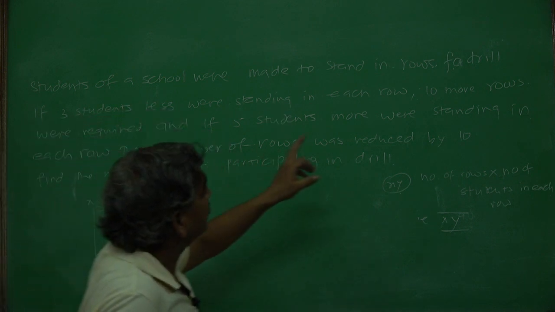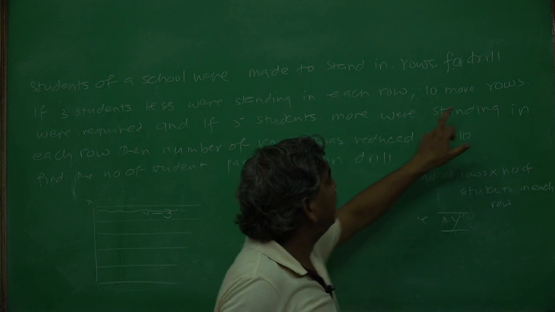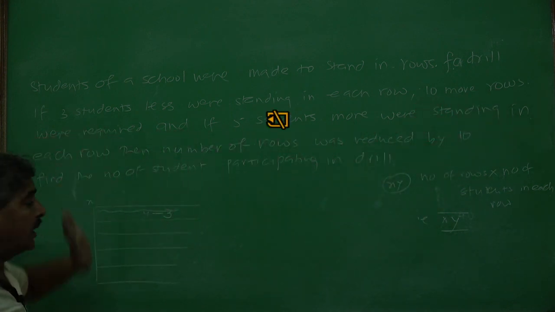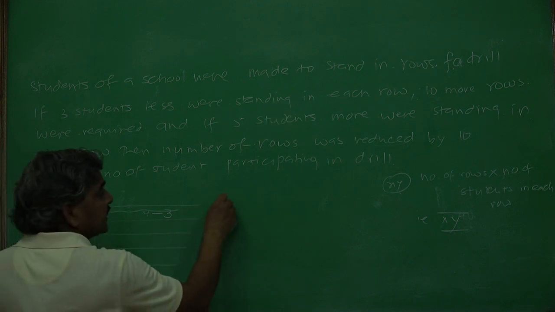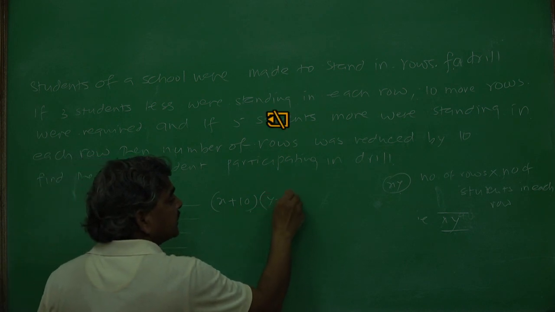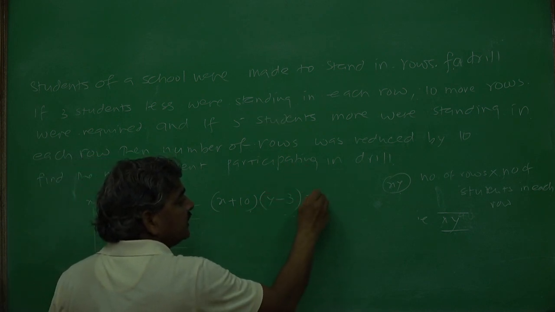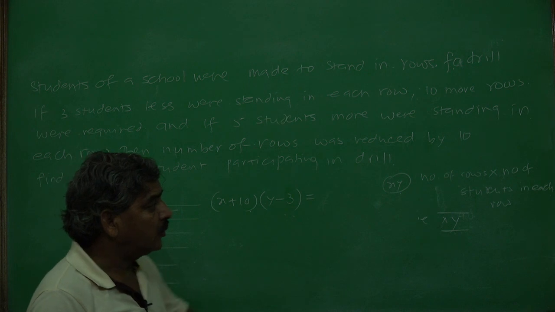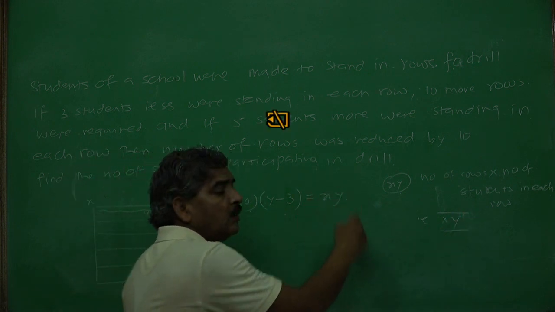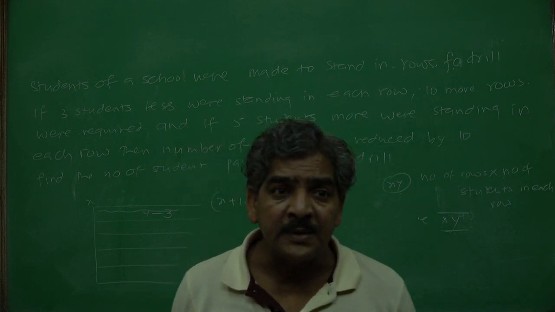The number of rows will increase by what? 10 more rows were required. So the number of rows will be expressed as X plus 10, into Y minus 3, and that is equal to the total number of students, that is equal to X into Y.